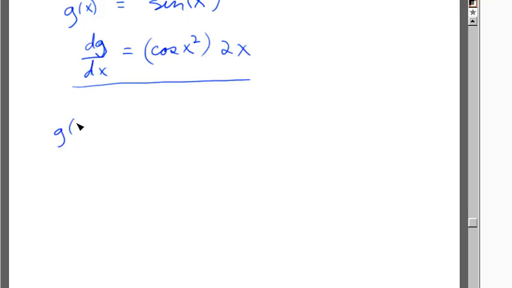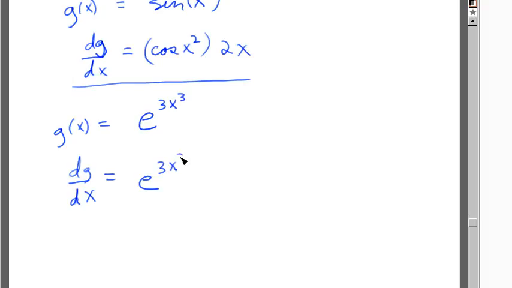So let's look at a different example. Suppose g of x is equal to, say, the exponential function of 3x cubed. And we want to take the derivative of that with respect to x. So it's the derivative of the exponential with respect to its argument, which is just the exponential. Remember, if you get e to the y, the derivative with respect to y is just e to the y.